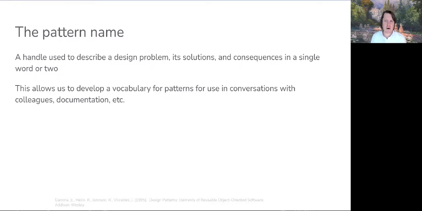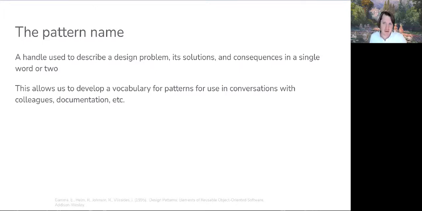The reason we're going to begin naming our patterns is because that allows us to develop a vocabulary. When interacting with our colleagues, your peers, or writing code documentation, we can say some pattern name, maybe the strategy pattern, and your colleagues will know what you're talking about without having to explain what it is, where it is applied, and what its trade-offs are.